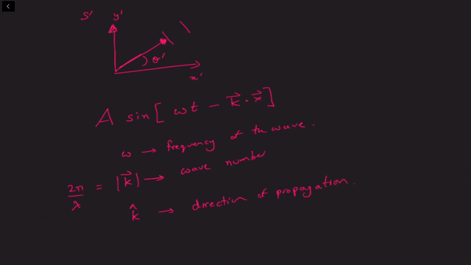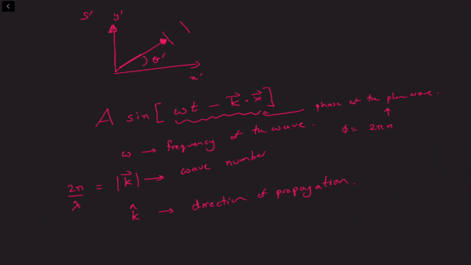Now this quantity in here, omega t minus k dot x, this is the phase of the plane wave. So when this phase is an even multiple of 2 pi, if the phase is 2 pi times n, you have a peak in the wave.